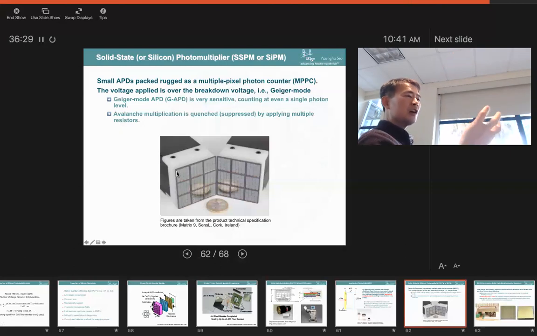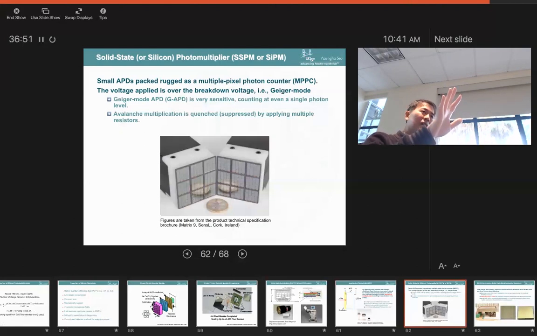So if you collect all these spark signals, you can still do some energy discrimination. This is another concept. In Geiger mode operation, you cannot differentiate the energy of your radiation. That's what we talked about. You can operate a radiation detector in Geiger mode in a very sensitive way, but the problem with Geiger mode operation of a radiation detector is that it's insensitive to the energy of radiation.